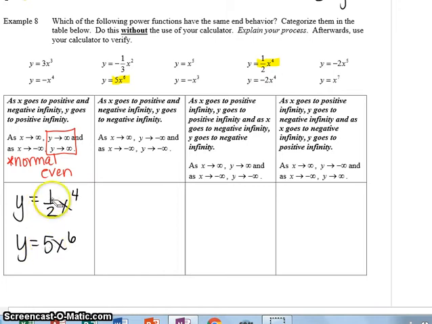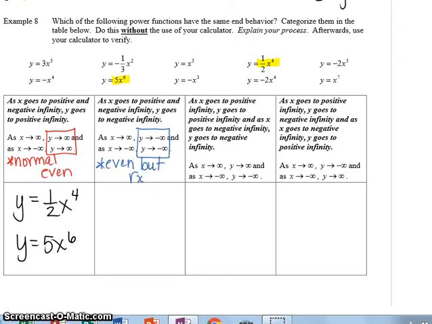And those are your normal even functions. Who cares about the vertical stretches and compressions? The next one says, as x goes to positive infinity, y goes to negative infinity. As x goes to negative infinity, y goes to negative infinity as well. So hopefully you memorize that and know that this is an even function, but it has a reflection over the x.